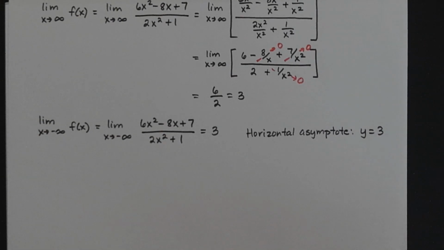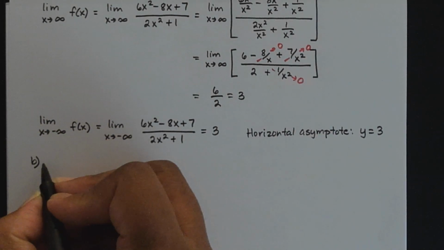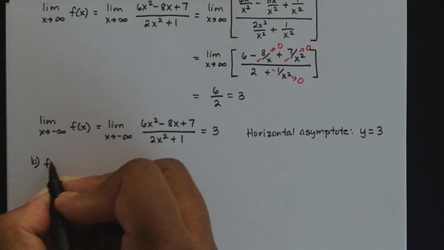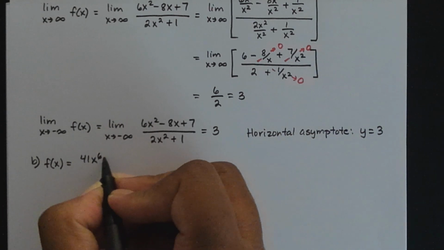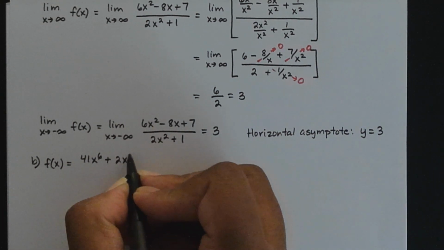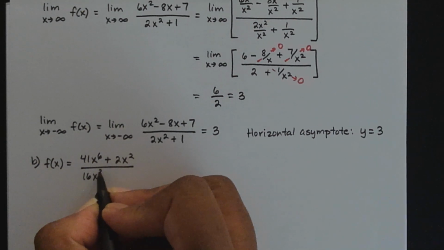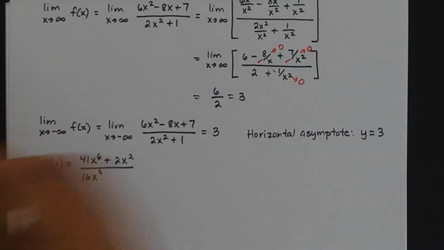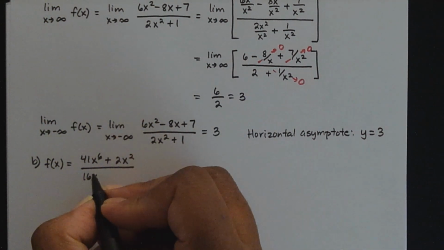Okay. Part B looks like this. Let's see, we got f of x is equal to 41x to the 6th plus 2x squared divided by 16x to the 5th minus 2x.